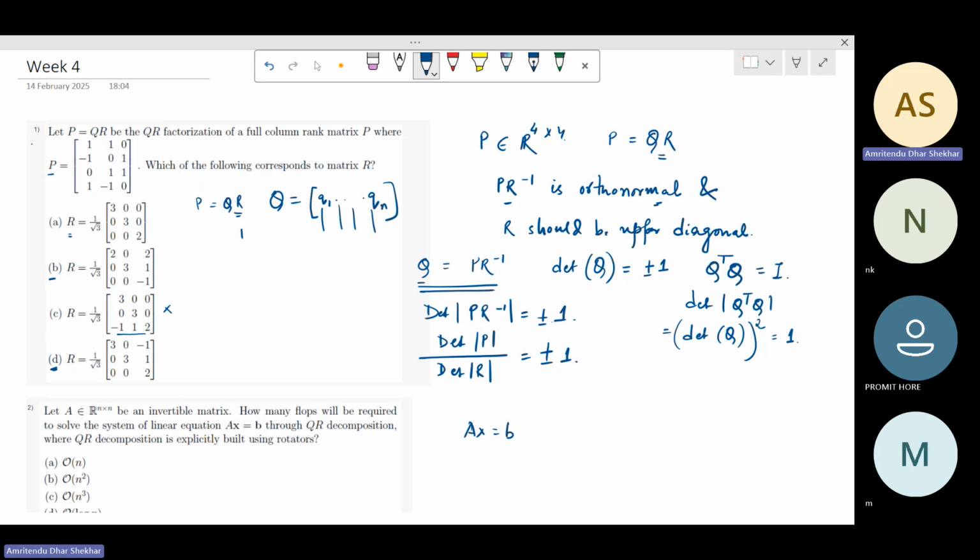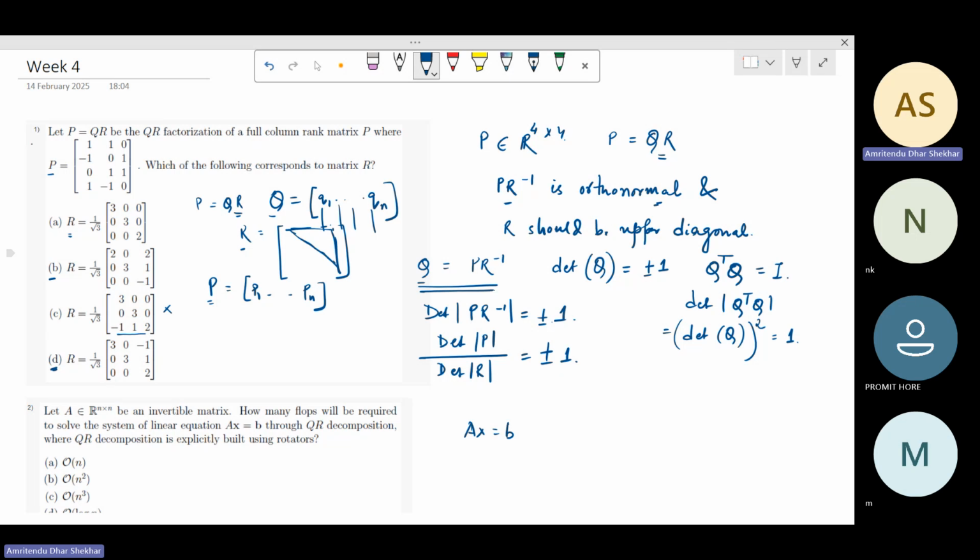And R is some upper triangular matrix. So if you write P as P1 up to Pn, then you basically have to solve for this thing. P is known, you have to solve for Q and R. And the way you solve for Q and R is as follows.